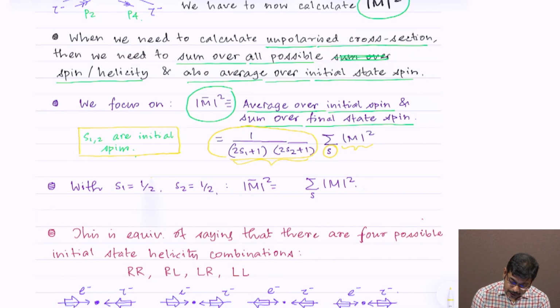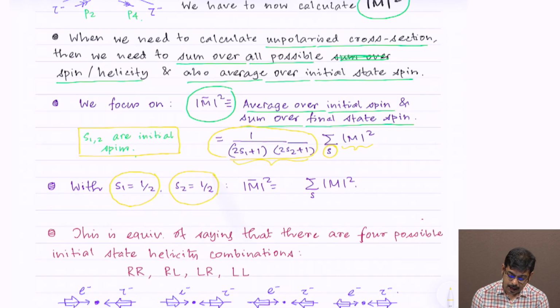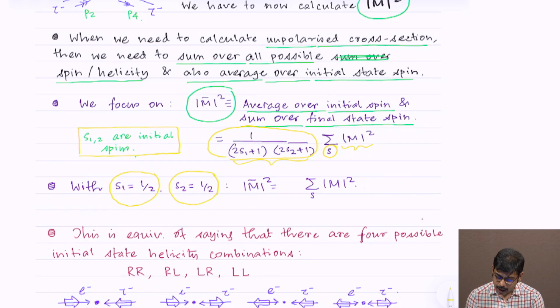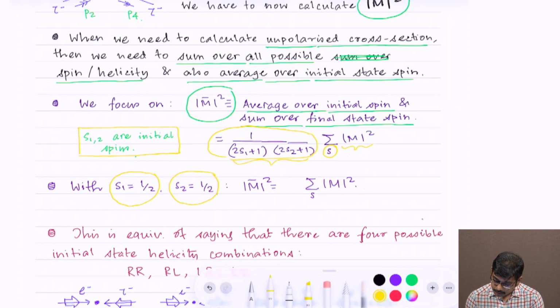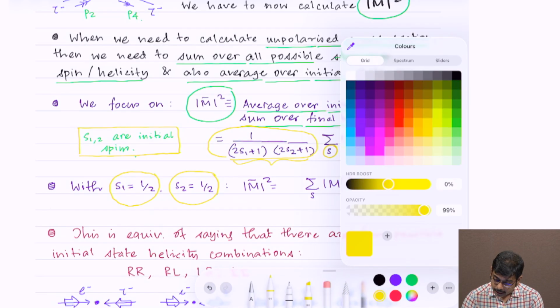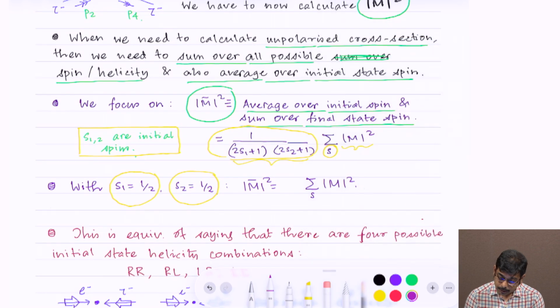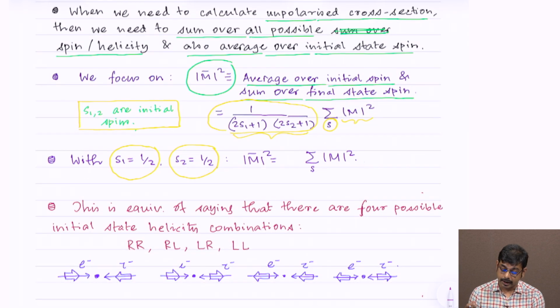Now, we all know that for the process that we actually have, all these particles are spin half objects. So, S1 is half and S2 is also equal to half. So, what will be your mod M bar square, which denotes the average over the initial state spin and sum over the final state spin?